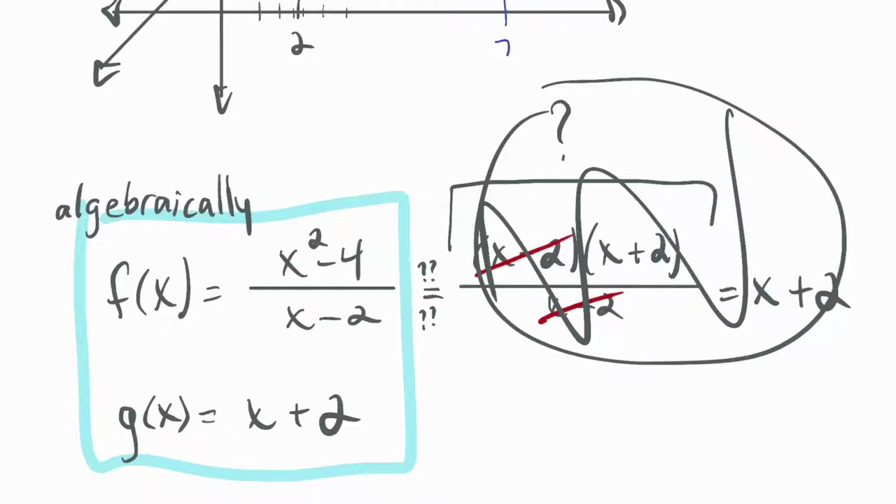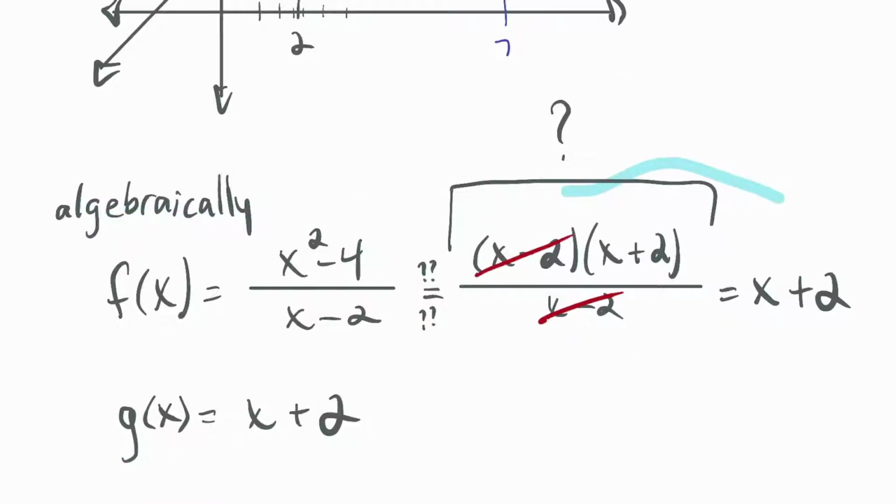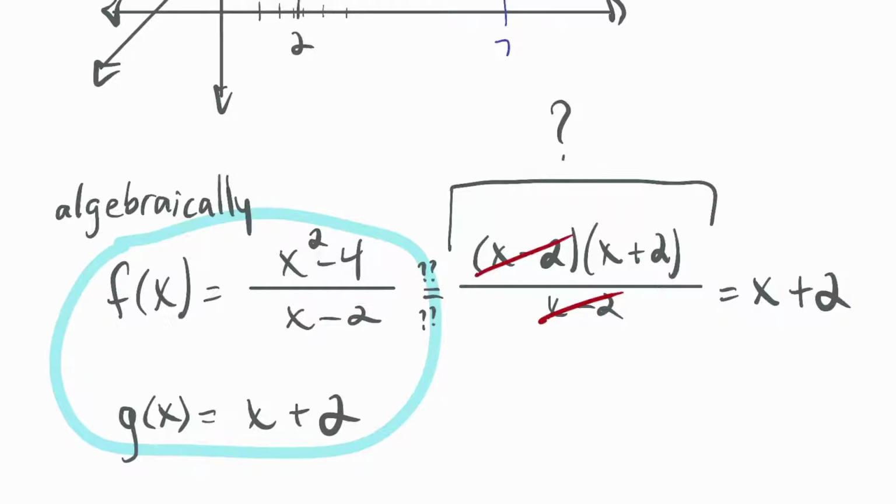Of course, if you keep this in mind, you go, oh, well, actually, they're effectively the same. The result is the same when you plug numbers in, right? But if you just look at these, they look different. And the main difference that might be most obvious is, well, one, this is clearly linear. This one's a rational function. But also this one, because it's a rational function, the domain does not include 2, right? For this one, the domain seems to include 2, right? So that's something to keep in mind.